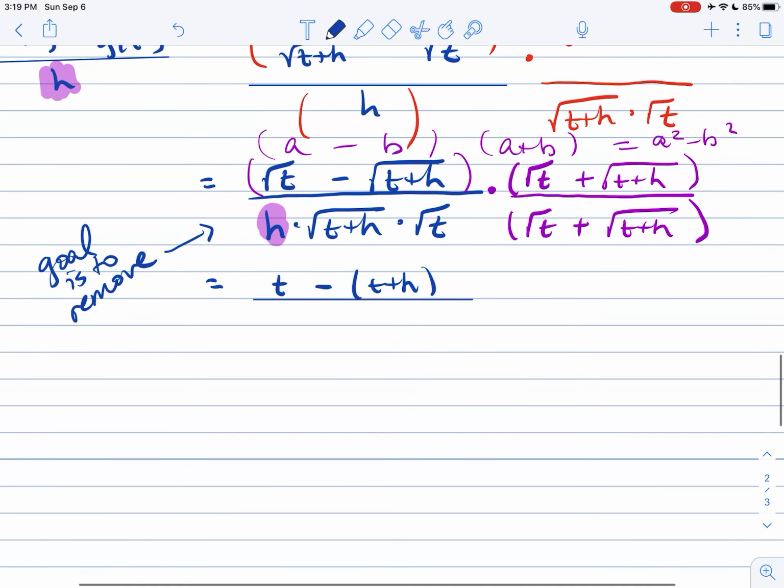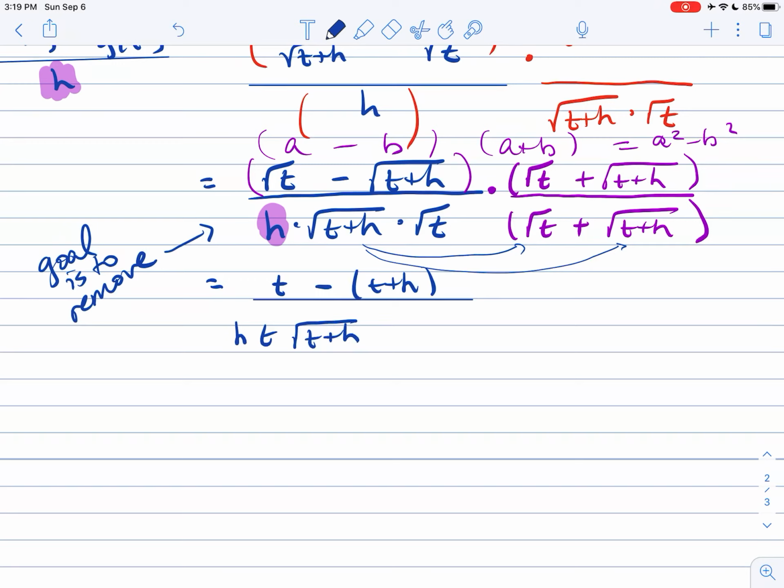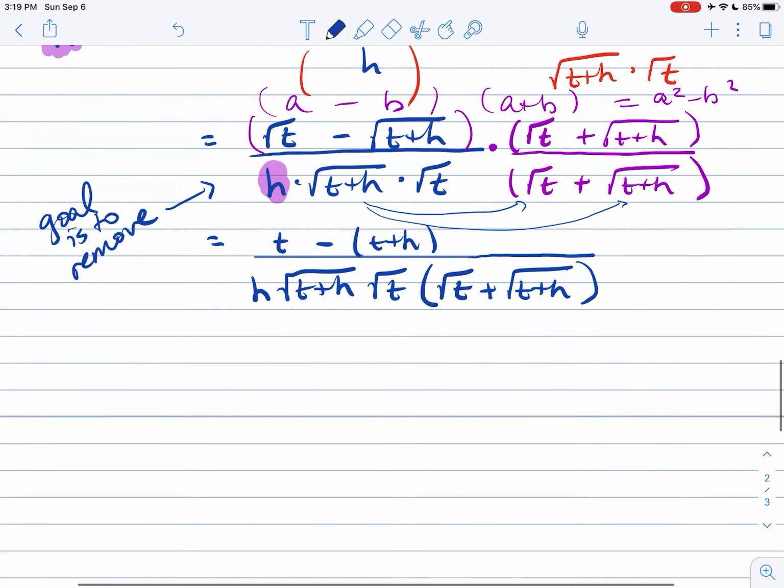And in the denominator, if I were to multiply through or to distribute, I would end up with h times... Or actually, I don't need to. I can just go ahead and not distribute and keep that h just where it is, and just for the time being have h times the square root of t plus h times the square root of t times the square root of t plus the square root of t plus h.